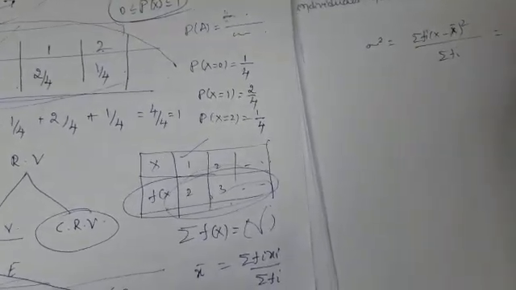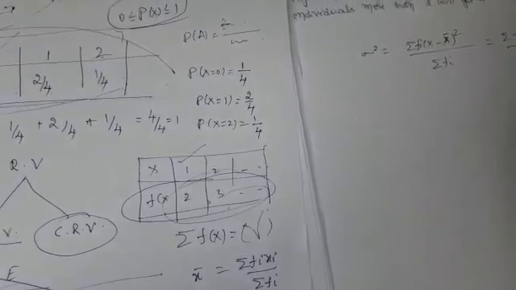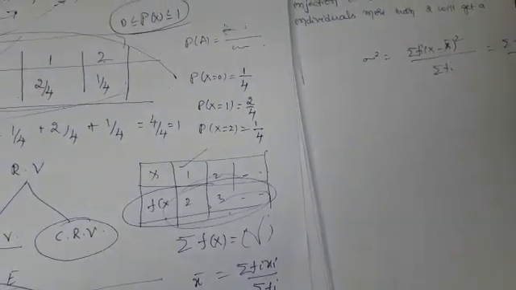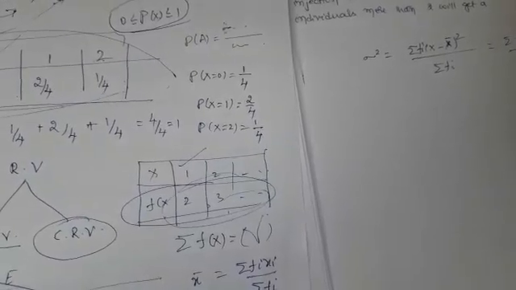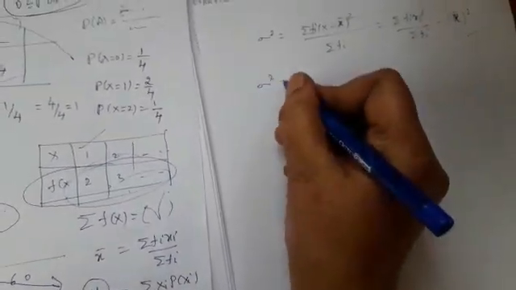The alternative formula is sigma fi xi square divided by total frequency minus mu square, that is x bar square. You already know that. Now using this, we are going to write the formula for the probability distribution.